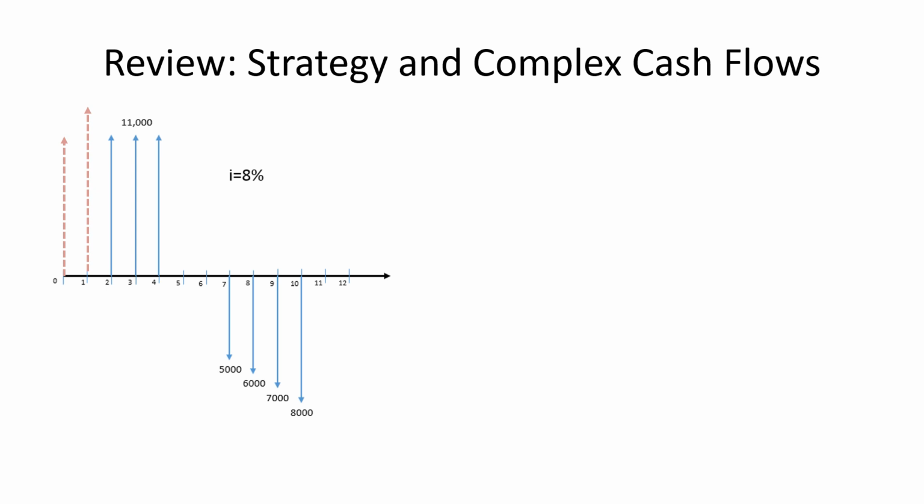The strategy for the outflows would be similar. First of all, I'm going to find some equivalent lump sum amount prior to the first annual series amount. So this is find P given A for the outflows. Let me label this inflow, which was the first two steps, and now outflow.